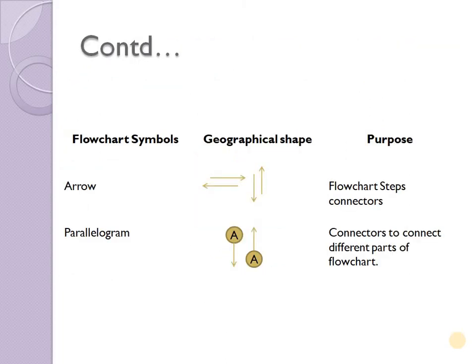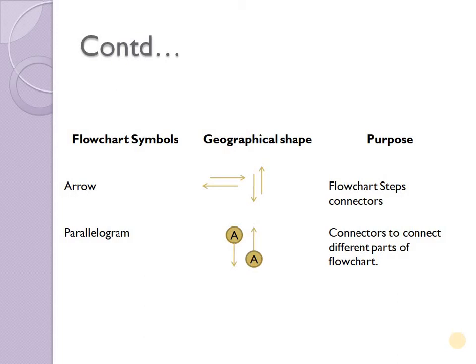We will see examples also. This is the flowchart arrow. These multiple arrows are there. Any type of arrow you can use depending on the steps, depending on the sequence. These are the flowchart step connectors.